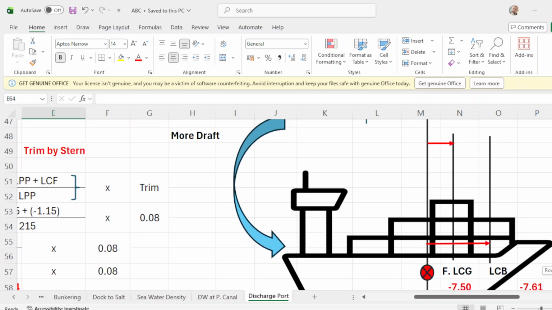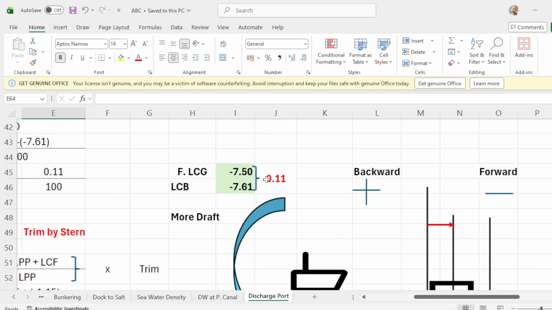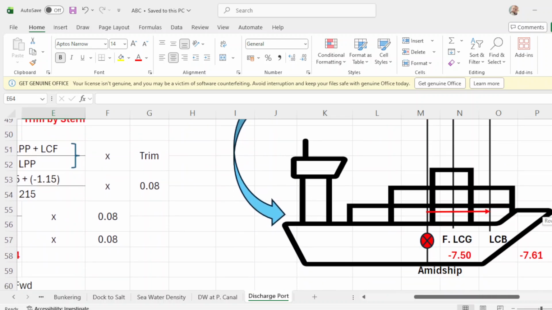now I will explain, as I have explained earlier. If you take note of this figure, analyze this one, the LCB is a little bit further forward than your LCG, meaning your LCG is behind your LCB. And this is how it looks.